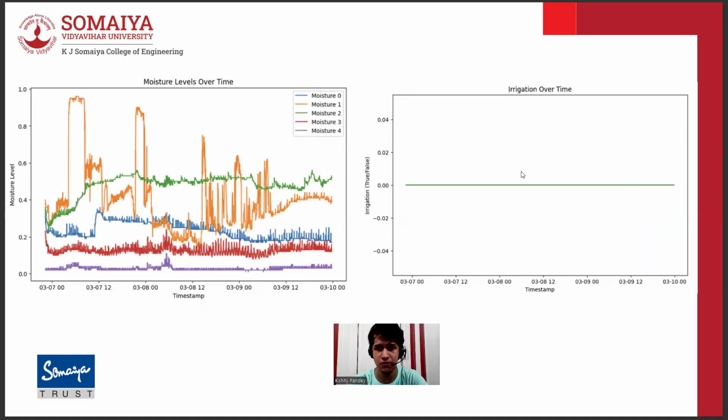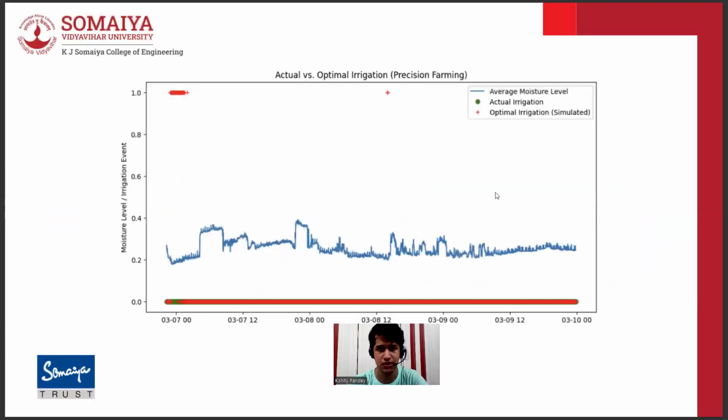The irrigation over time is constant, there is no increase. Actual versus optimal irrigation in precision farming: this is the average moisture level, this is the optimal irrigation, and this is the actual irrigation.